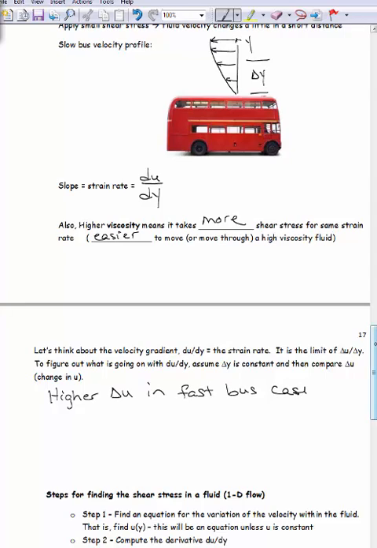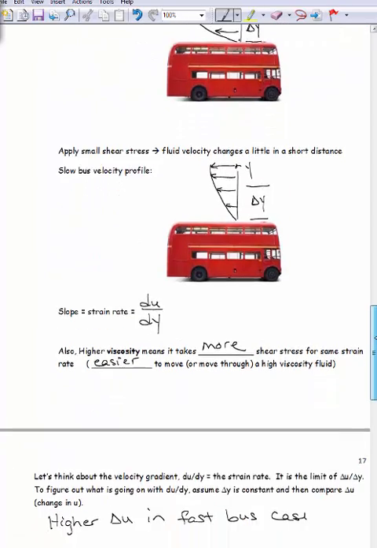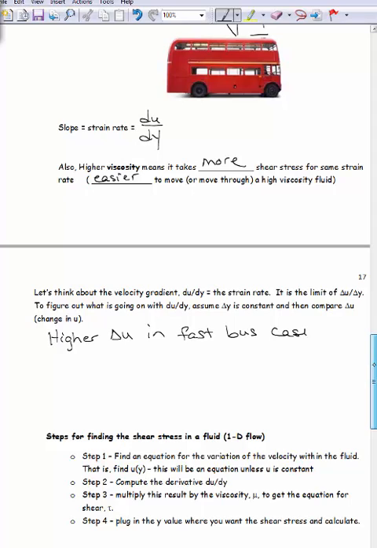Okay, and if you think about in calculus, when you always had dy dx, it doesn't look like a higher slope, right? But it is. Okay. The other thing we want to do is look at where is that slope, or where is that strain rate highest.